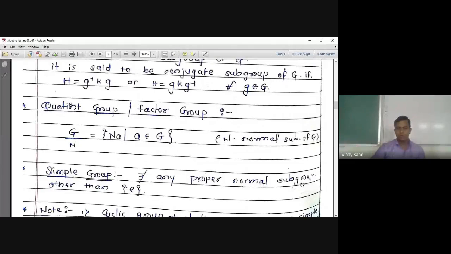But in a simple group, there does not exist any proper normal subgroup of G other than singleton E, because singleton E is a normal subgroup for any group. So except this, there does not exist any proper normal subgroup. Then that group is called simple.